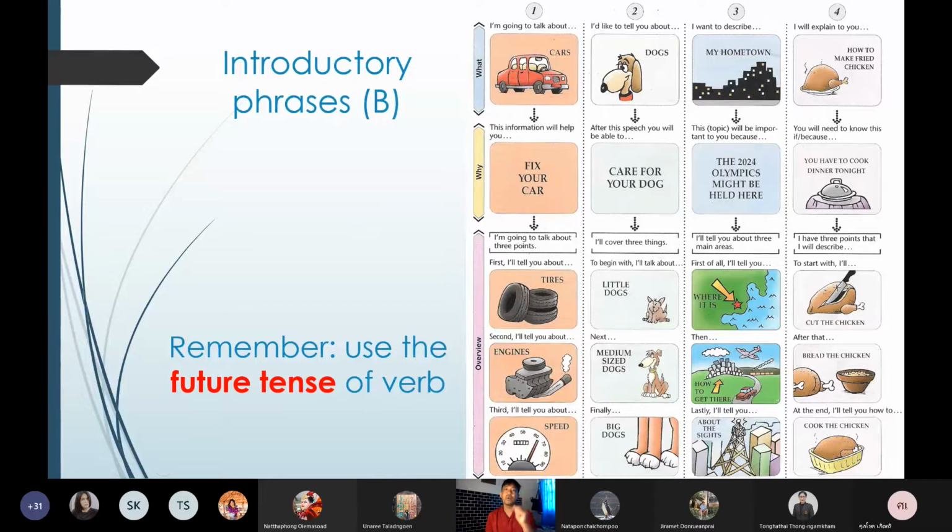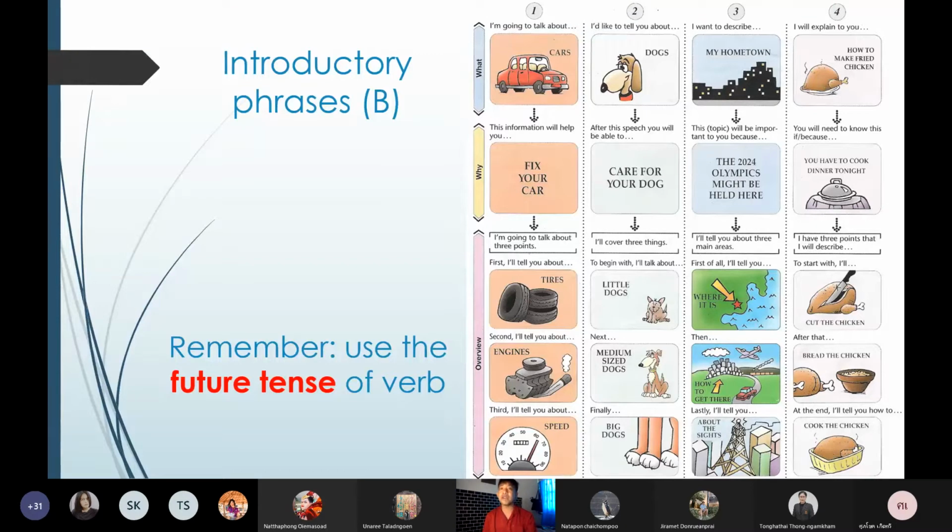So the what, number one. If you go to number one, you could see I'm going, so it uses am going. So I, meaning me. I'm going to talk about, if your topic, for example, is cars, you could say, I'm going to talk about cars.